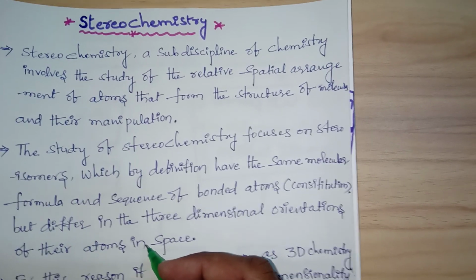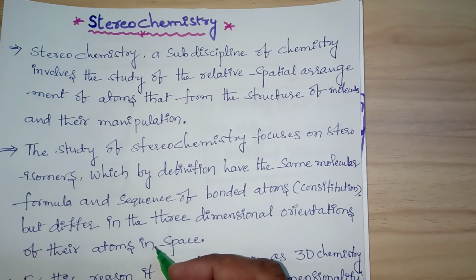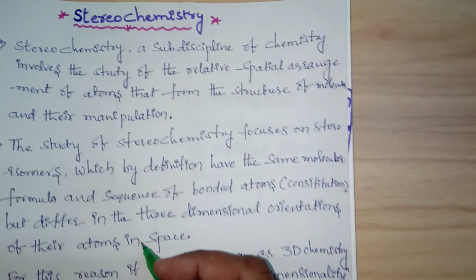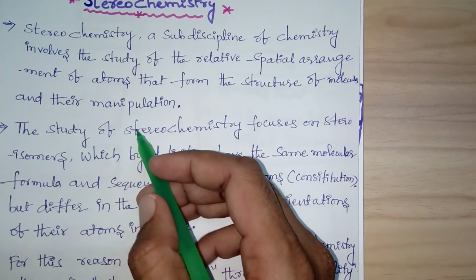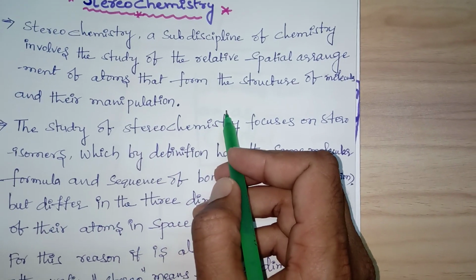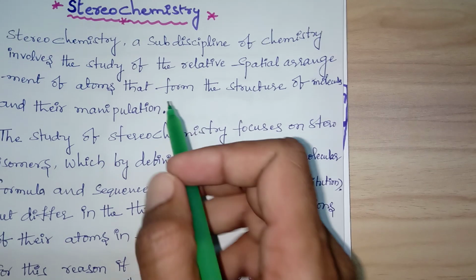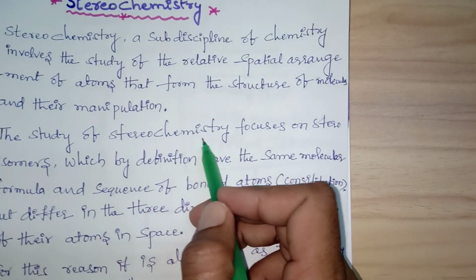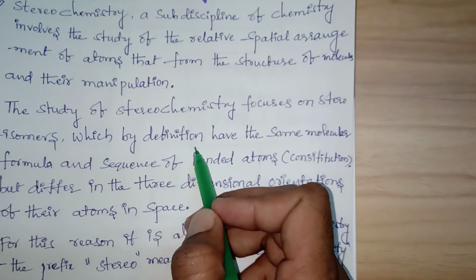Today we will talk about stereochemistry. Before going to discuss stereochemistry, first of all, you should know the basics of stereochemistry, right? Stereochemistry is a subdiscipline of chemistry that involves the study of the relative spatial arrangement of atoms that form the structure of molecules and their manipulation.